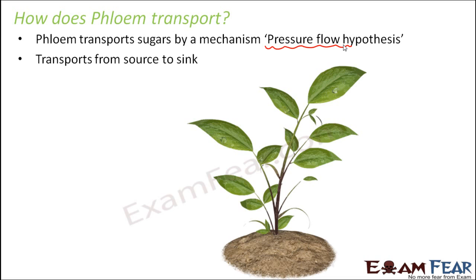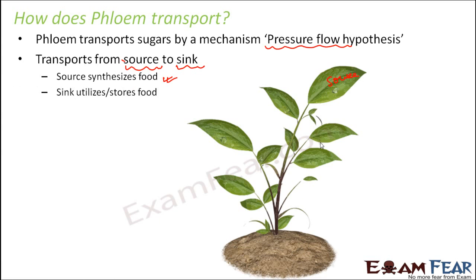Before we talk about it, we should understand that the transport will always take place from source to sink. What is a source? Source is that region where the food is synthesized. In this case, the source are the leaves. Source synthesizes food. Here leaves synthesize food by the process of photosynthesis. So leaves are the source.